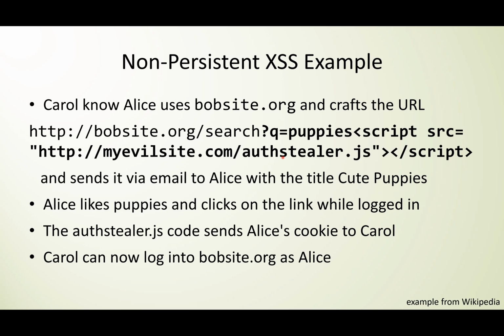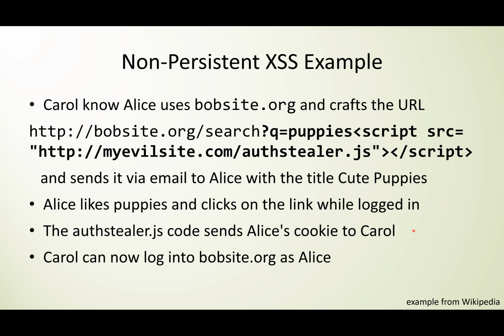At that point, Carol now has Alice. Alice is the victim, and you can do multiple things. Steal Alice's cookies. We know that Alice at this point is logged into the Bob site, so the stealer JavaScript file copies the cookies and sends them off to Carol.